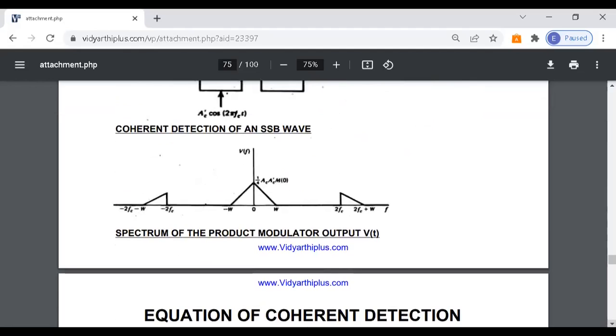So there you go. You have your two single sidebands. You recombine them.